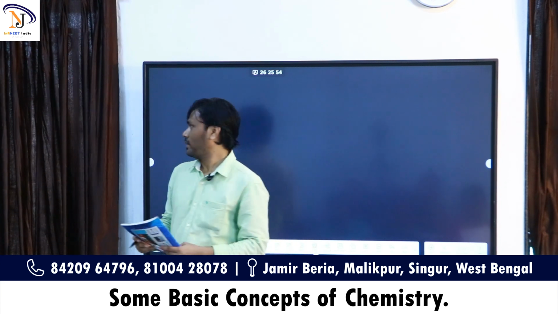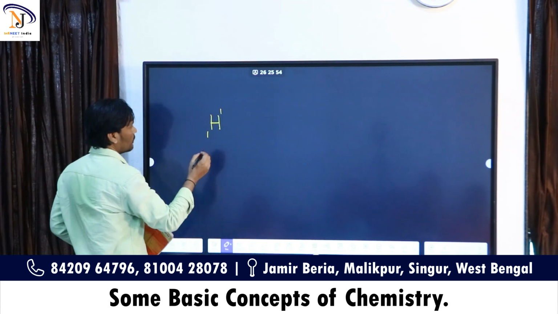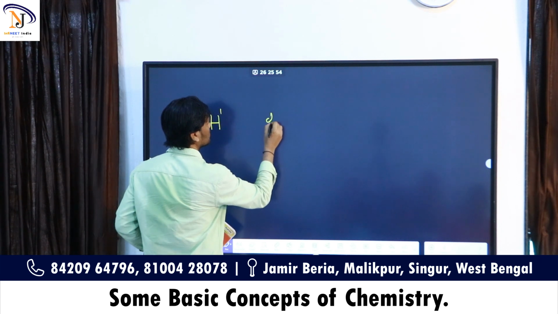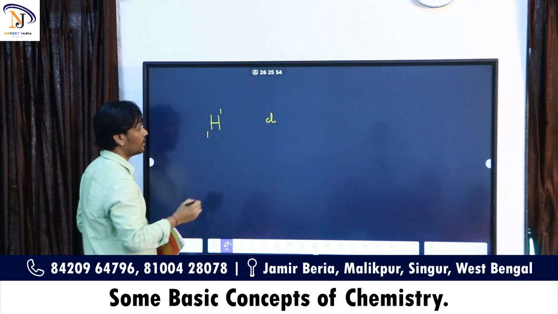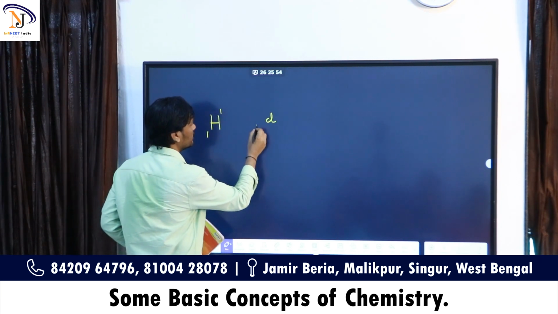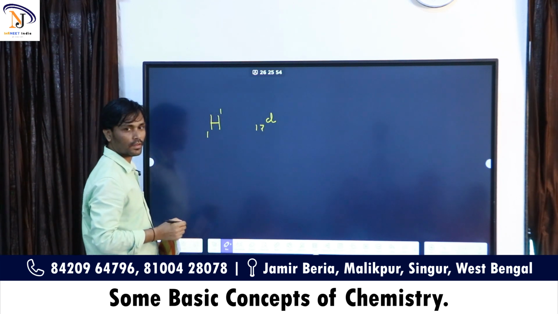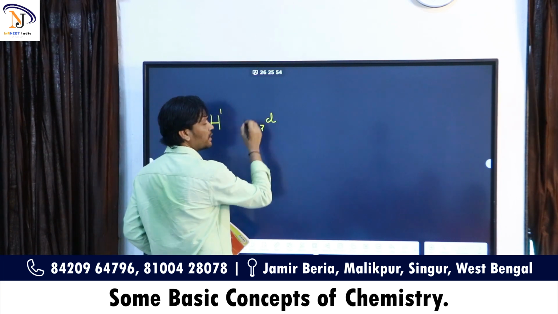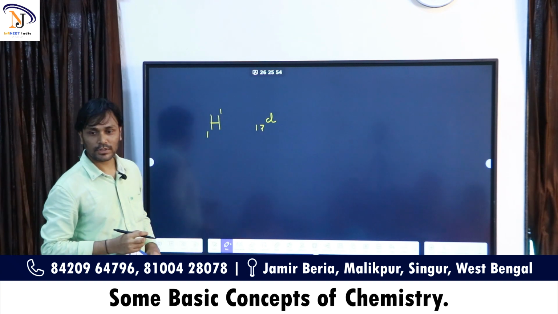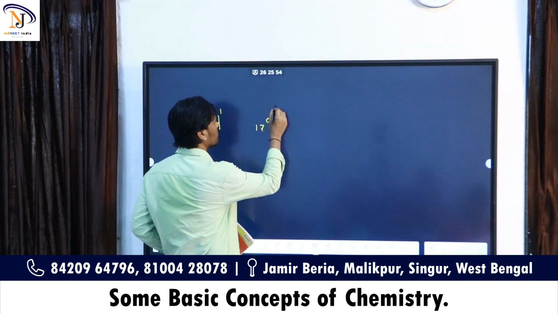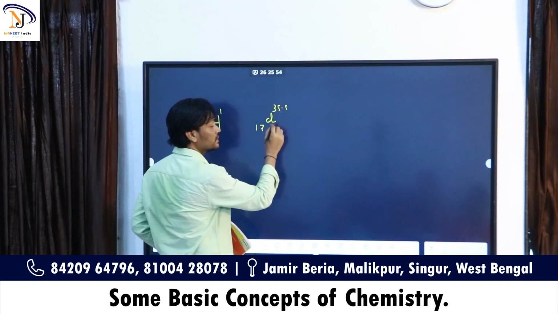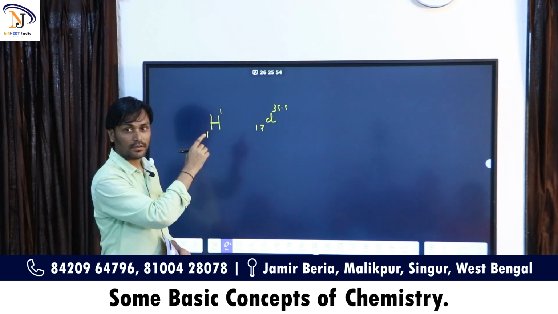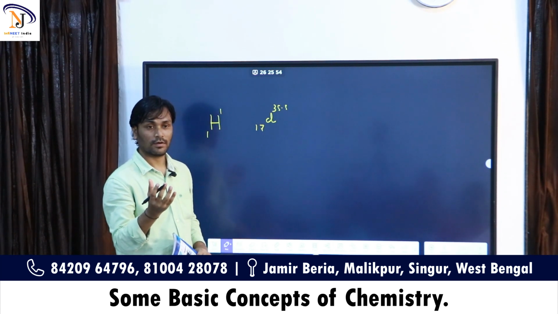Suppose chlorine, atomic number 17, and atomic mass. What is the atomic mass of chlorine? 35.5. This is atomic mass. It is a weight.